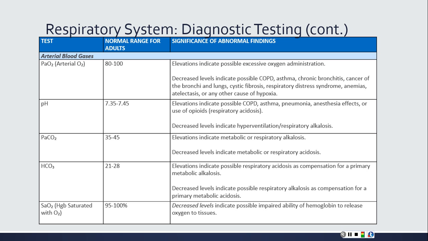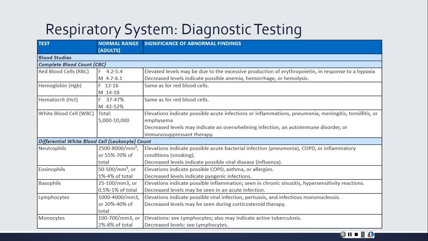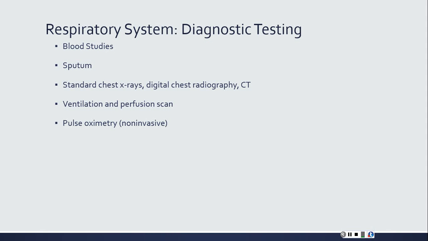Well, we didn't get all of it here. I'll go back just to the sputum. The sputum is very important, especially in the respiratory system. This is our ability to evaluate not only for bacteria, organisms, things of that nature, but also it helps us to identify abnormal cells in the lungs as well.